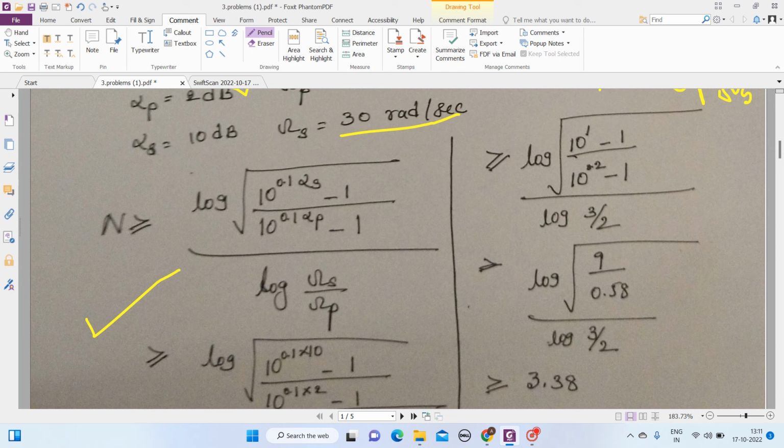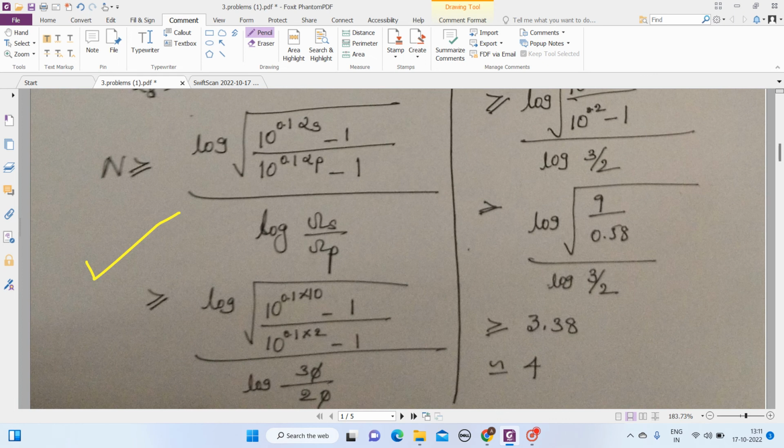So n greater than or equal to logarithm of square root of 10 to the power of 0.1 alpha s, stop band attenuation, minus 1, divided by 10 to the power of 0.1 alpha p, pass band attenuation, minus 1, divided by log of omega s divided by omega p.